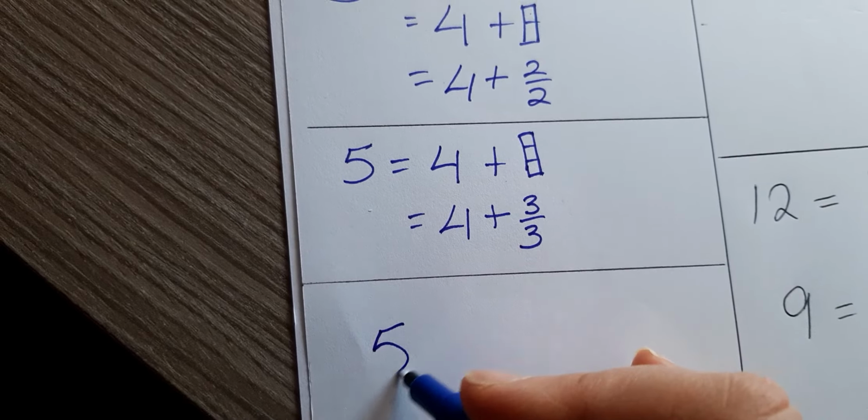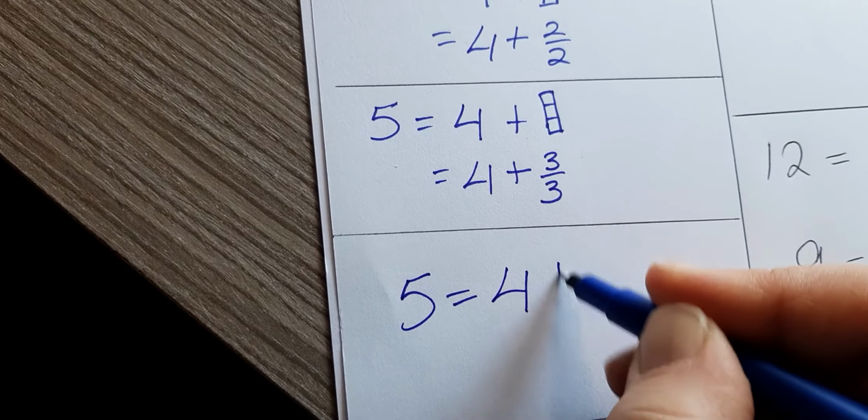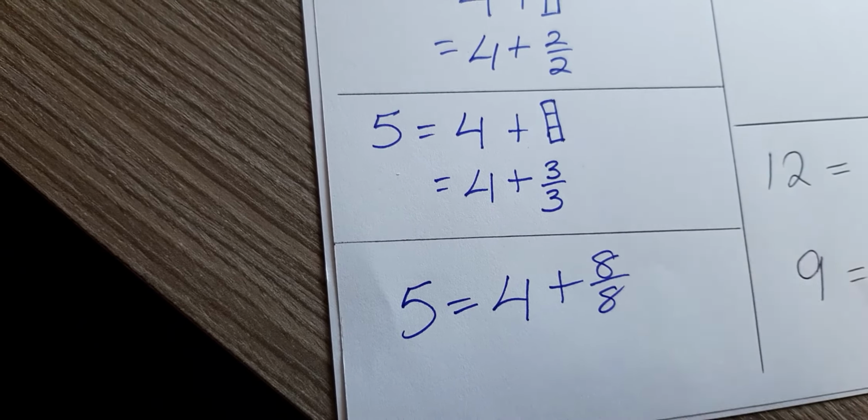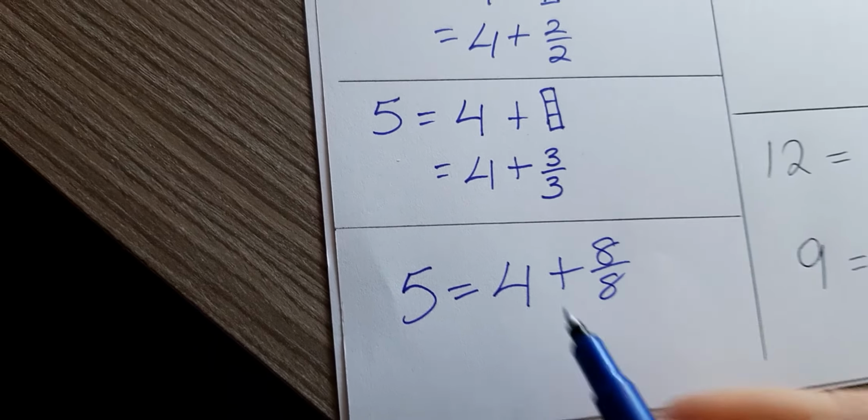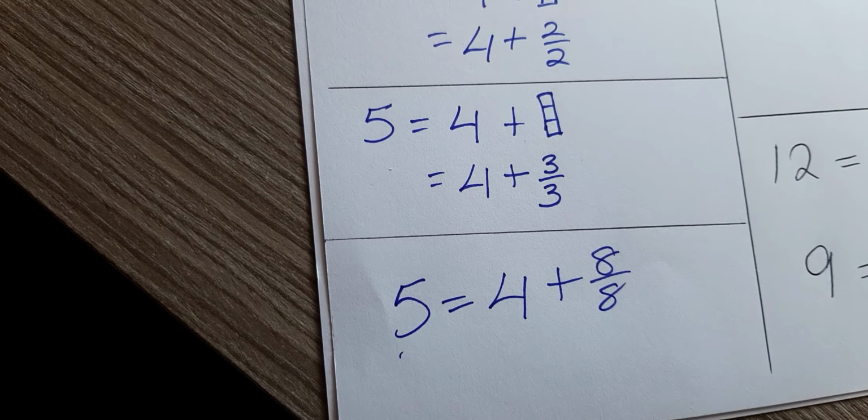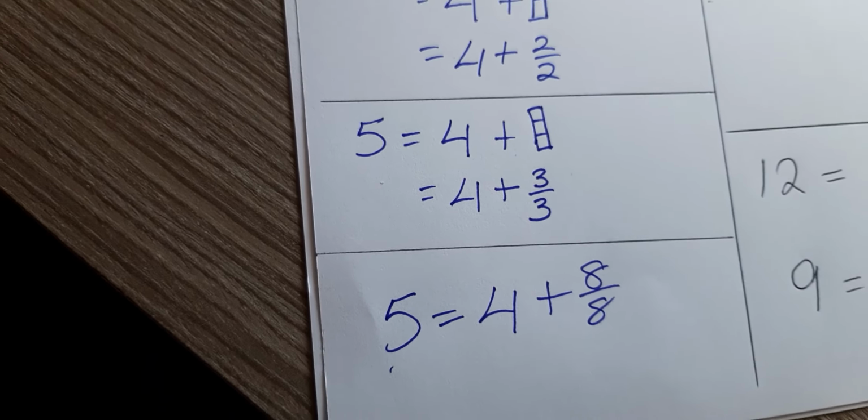Straight off I can say 5 equals 4 plus 8 eighths, for example, because 8 eighths is 1 and 4 plus 1 is 5. Okay, so I can just drop it down by 1.